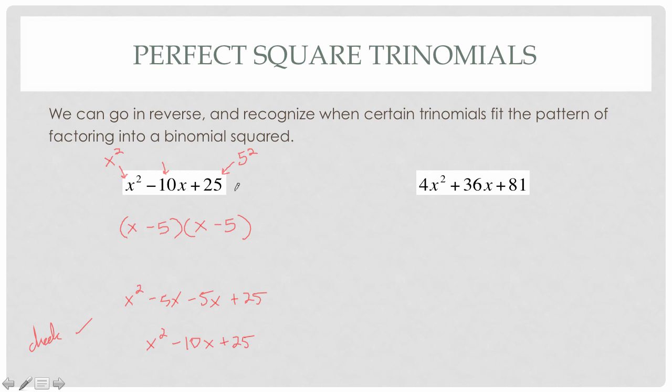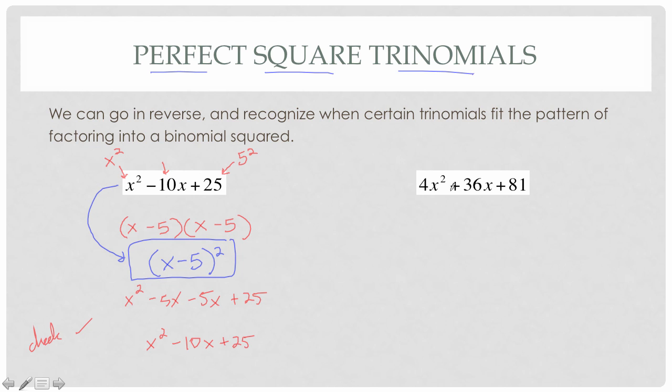So this trinomial is a perfect square trinomial that factors into x minus 5 times x minus 5, or it factors into a binomial squared. This factors into this right here. And it's what we call a perfect square trinomial.